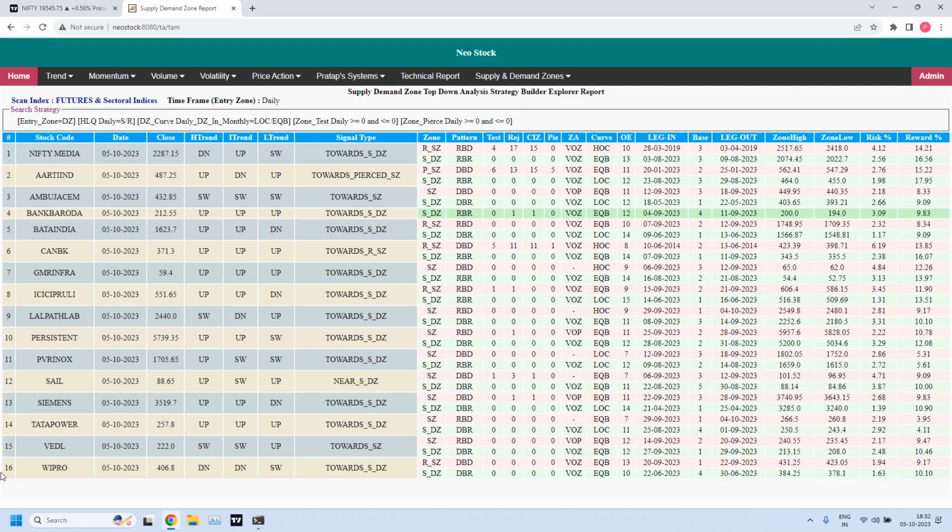Now you have to analyze 16 stocks. But among the high liquidity zones near demand and supply zones, hardly 1 or 2 stocks you will find, and your focus will be only on those stocks. You do a detailed analysis at lower time frames. You will fine tune to minimize your risk and maximize your return.